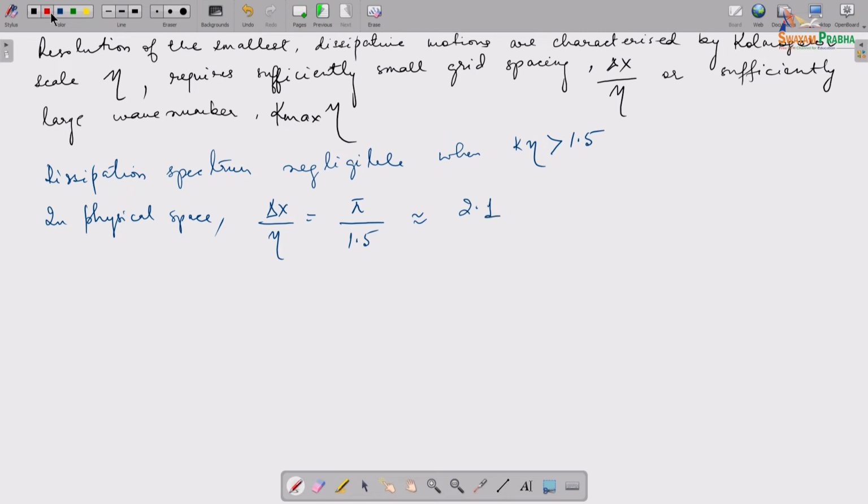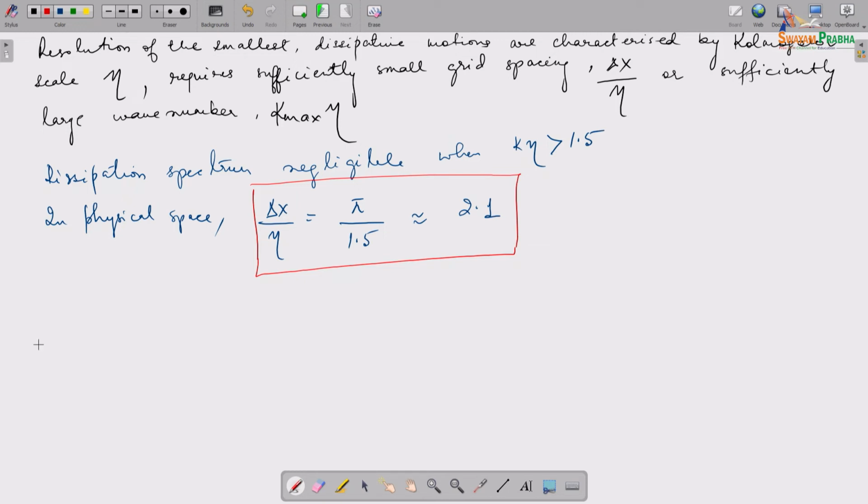I am sorry, this kind of looks a little large actually. The delta x is a minimum of 2, almost double the Kolmogorov length scale eta. Now, ultimately what we are talking about is two things.